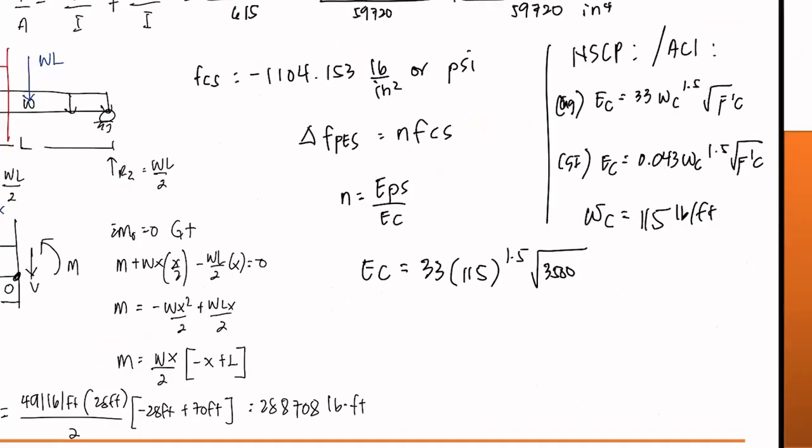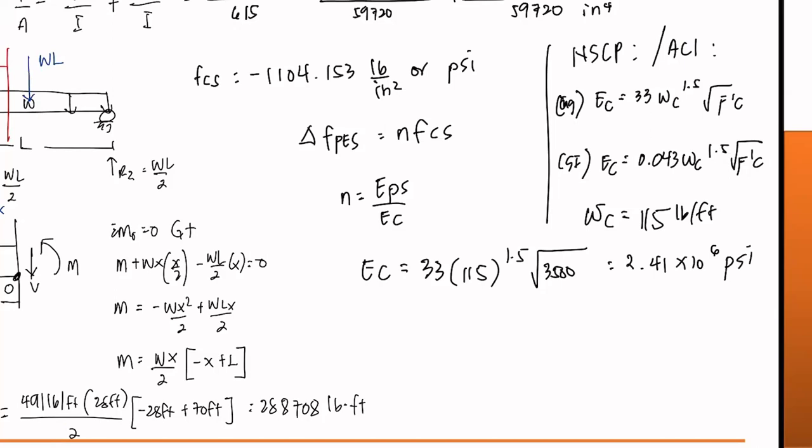Pag kinalculate natin, that is 33 times 115 raised to 1.5 times square root of 3,500. We have a value of 2.41 times 10 to the 6 PSI.